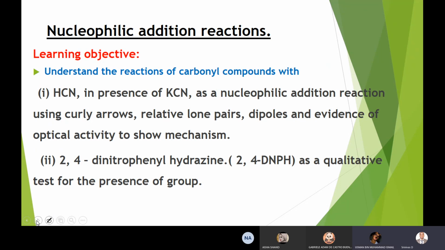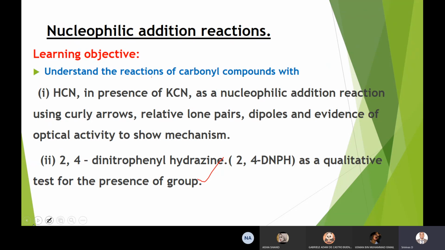Generally, for the presence of carbonyl groups in a given compound, you just add 2,4-dinitrophenylhydrazine. I'll show the structure of this. You need not worry. It looks like just a phenyl with an NH group. It's so simple. When you add it to a compound that has any carbonyl compound in it, it produces a yellow to orange precipitate.